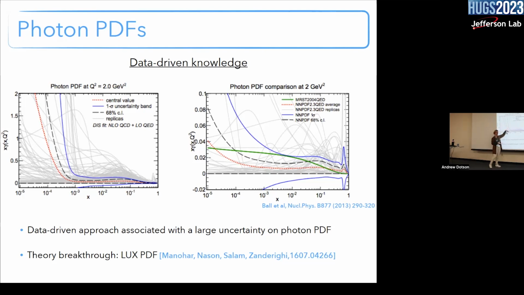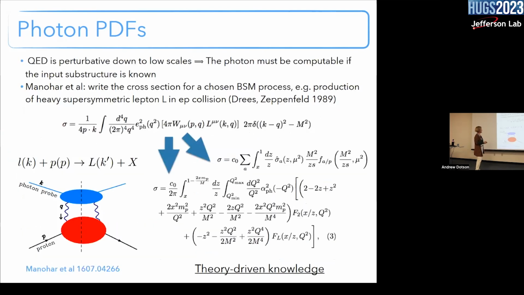The replicas go everywhere. So this means that the data don't give much constraint on the photon, at least the data that we have so far. So unless you put in some theoretical input model, you have a huge PDF uncertainty on this parton that you add into your fit.